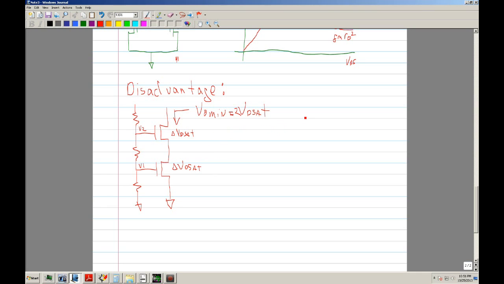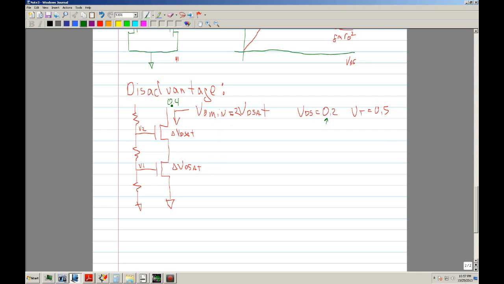Let's go ahead and put some numbers. Let's say that we want a VDSAT of 0.2, and let's say VT equals 0.5. If that's the case, the minimum voltage would be 2 VDSATs, which would be 2 of these, so that means you would have 0.4 volts.